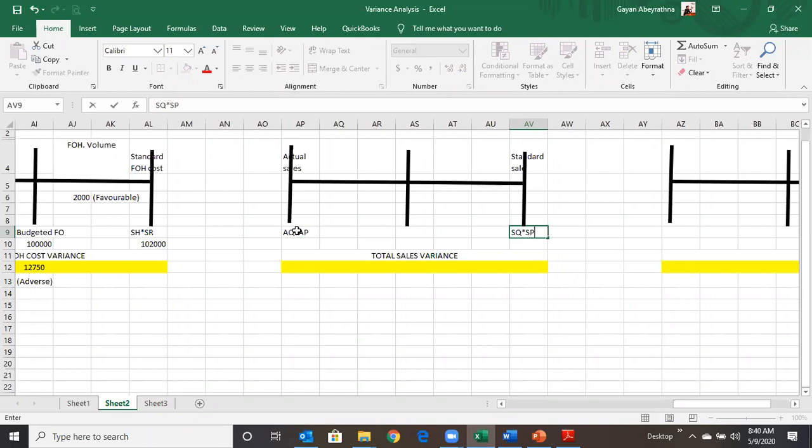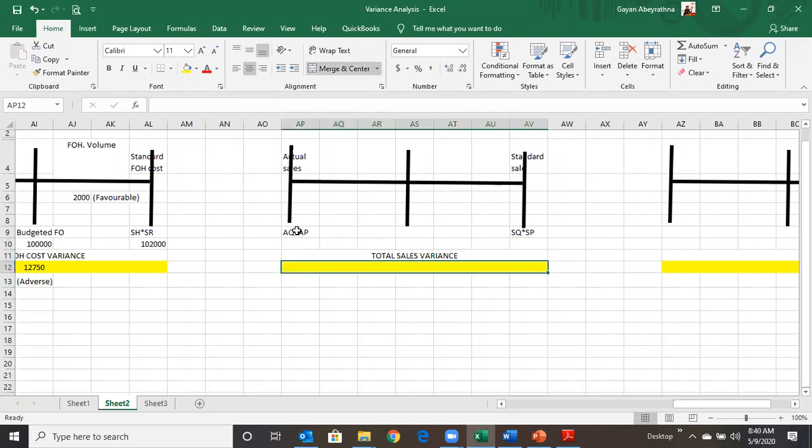Then it can be the variance, total sales variance. In here, keep in mind, in cost related variances, if you incurred more cost than the standard cost, that becomes unfavorable variance or adverse variance. But when it becomes sales, if we earn more income, that becomes favorable variance.